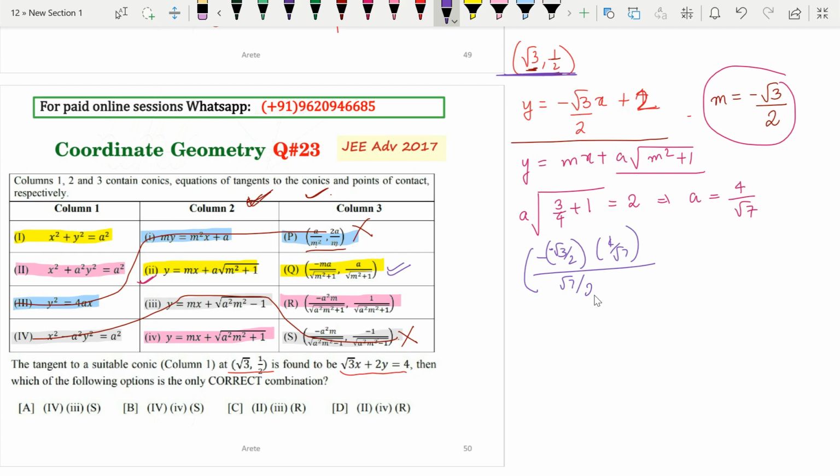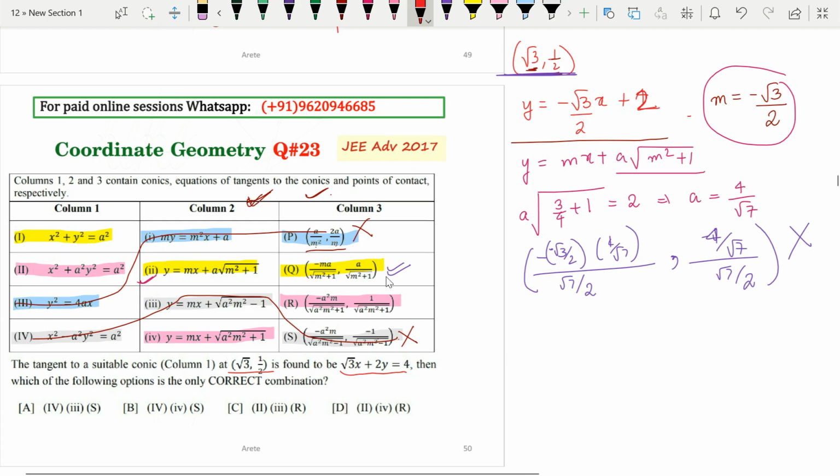Root 7 by 2, comma, let's write it. I know you don't need to write it, but that's okay. The a value is 4 upon root 7 upon, this is how much? Root 7 by 2. What am I getting here? See, definitely not half, right? I'm not getting half over here. Neither, you will see, am I getting root 3 over here. So this is not correct. So this option is not correct.